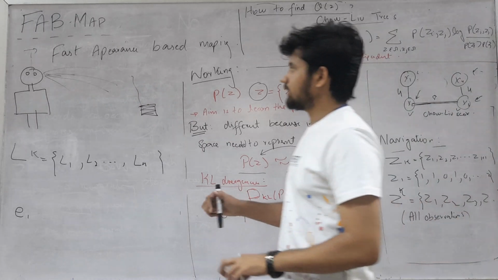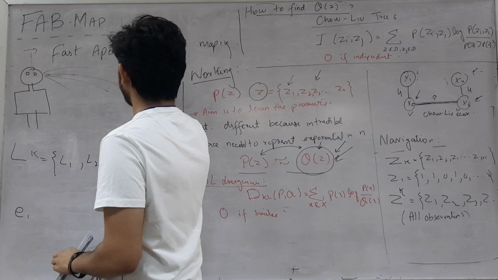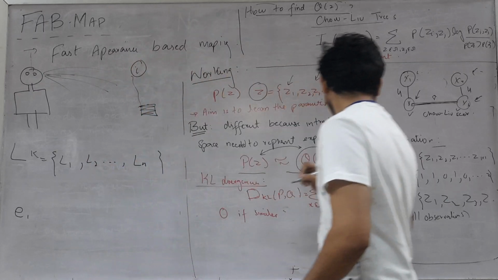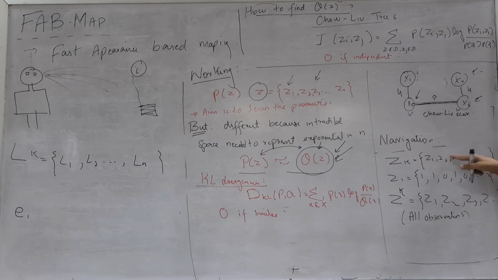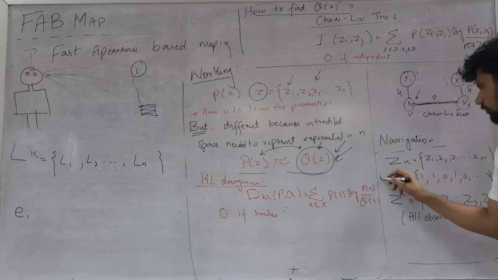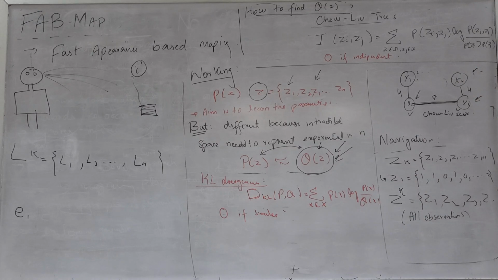For example, in its ith observation, it saw 1 1 0 1 0 0. It means feature number 1 is present, feature number 2 is present, feature number 3 is not present, it is 0, feature number 4 is present. Word and feature are the same, don't get confused here. So this is how it observes the environment.